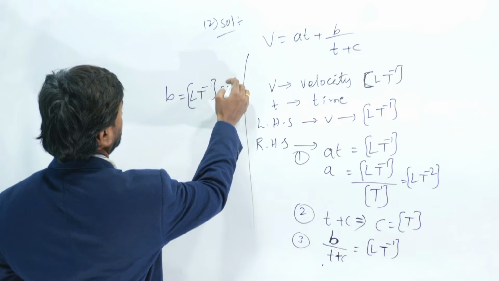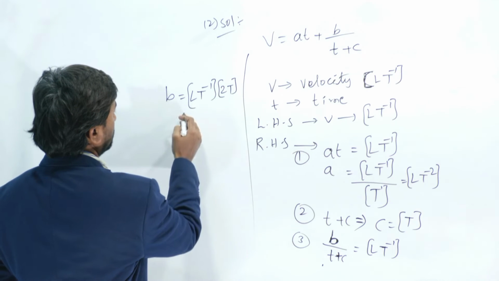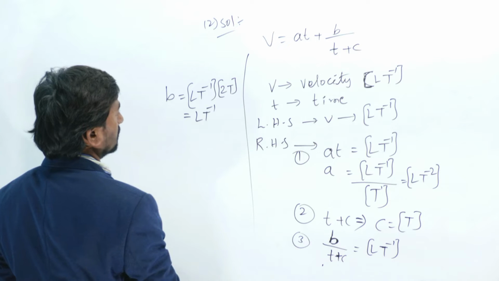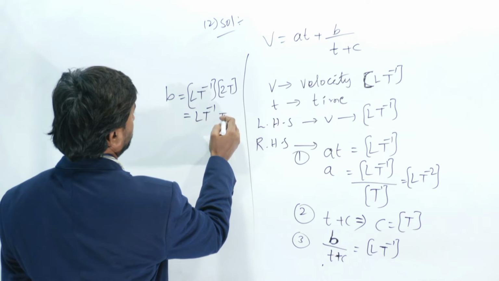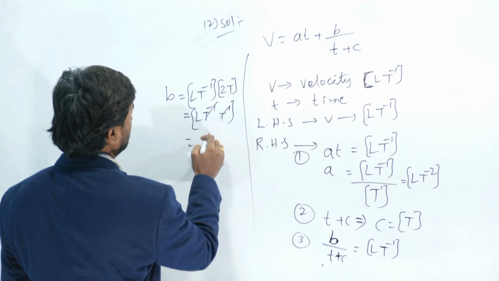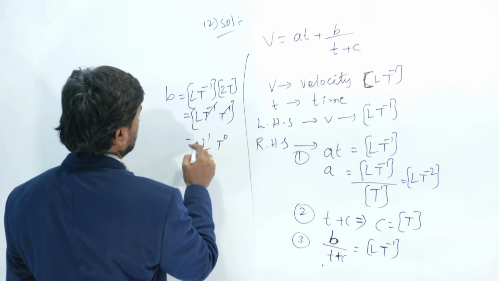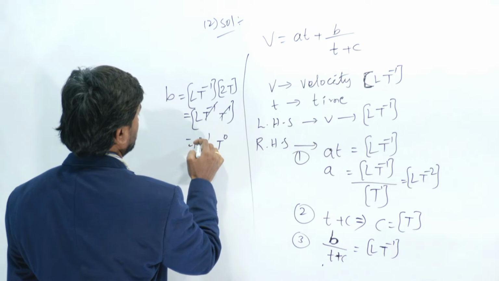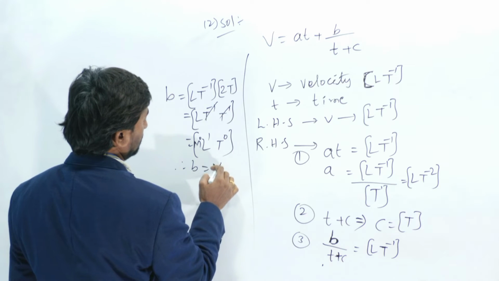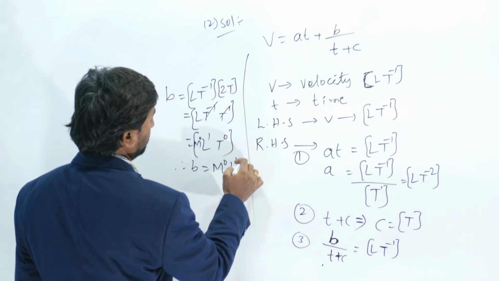We get L power 1, T power 0, M power 0. So the dimensional formula is b equals M power 0, L power 1, T power 0.